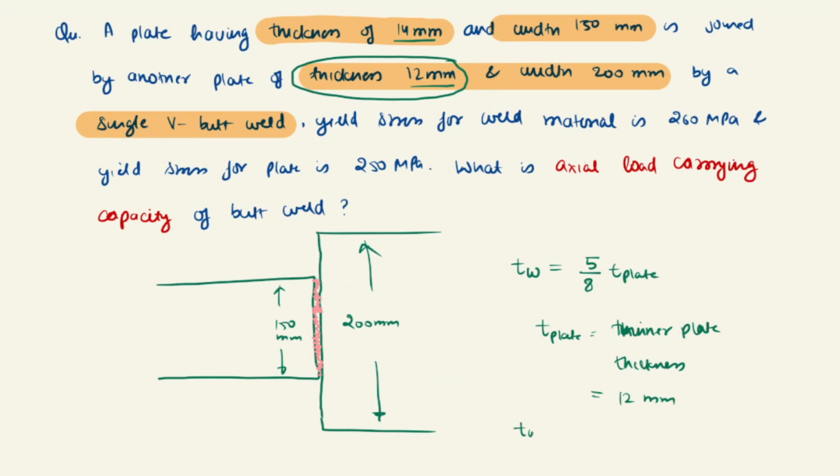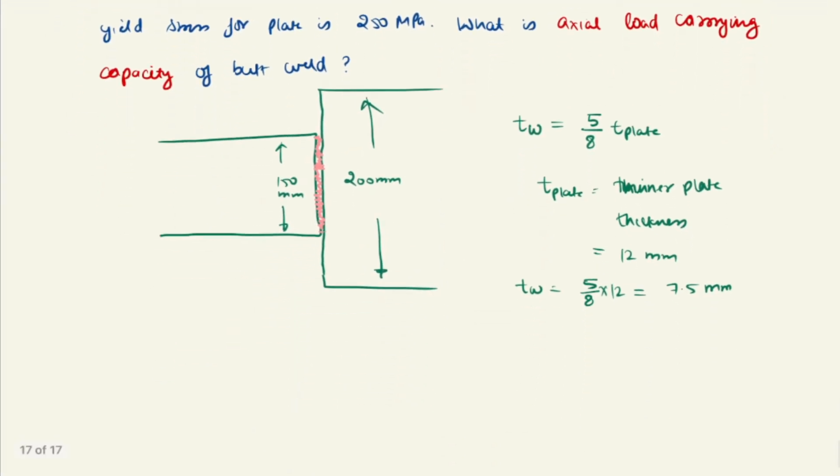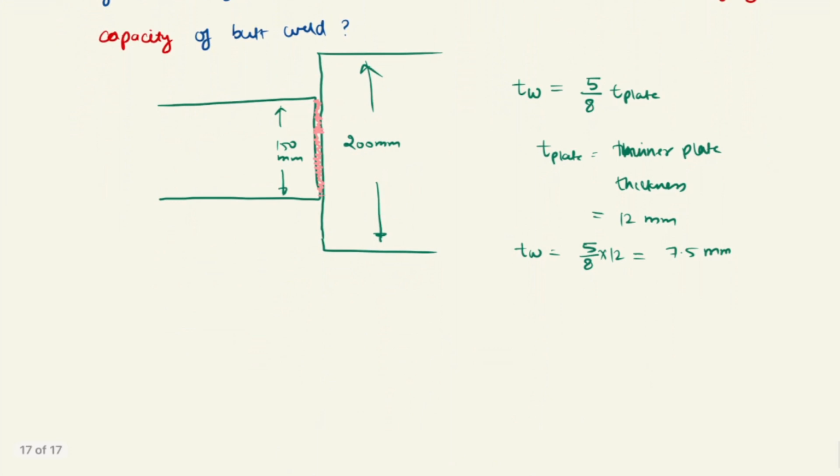So what will be the thickness of weld? It will be 5/8 into 12, so the result would be 7.5 mm. Okay, so what is going to be the area of weld? It is going to be thickness of weld into effective length.